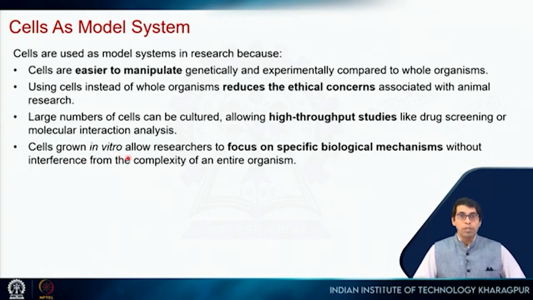Cells grown in vitro allow researchers to focus on specific biological mechanisms without interference from the complexity of an entire organism. For example, if someone is looking at the effect of a particular molecule on liver cells, with cultured cells that molecule can be directly delivered to the cells.